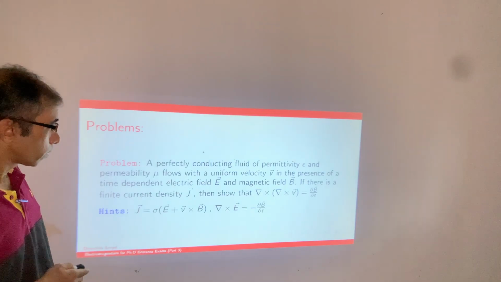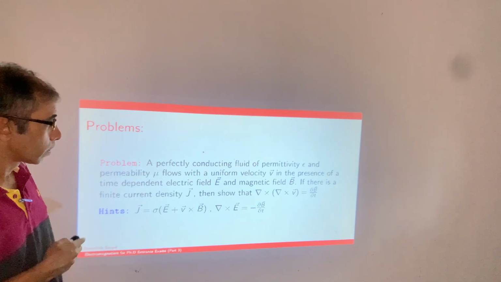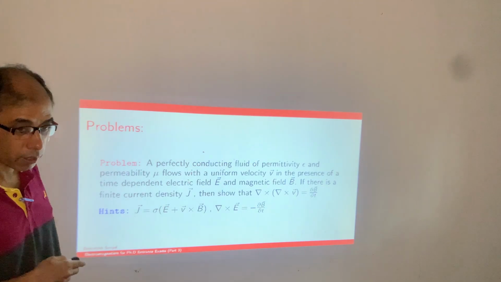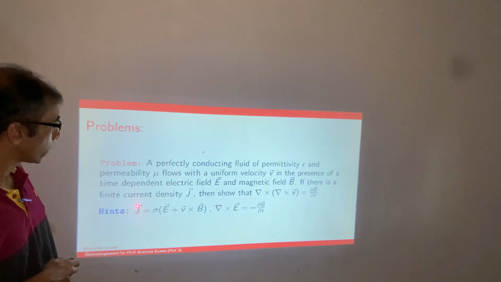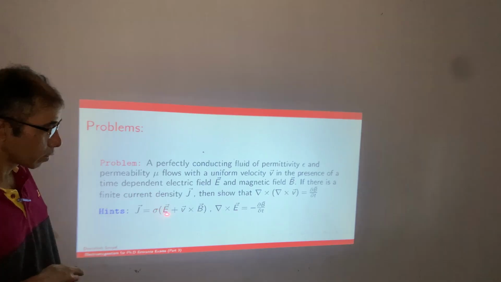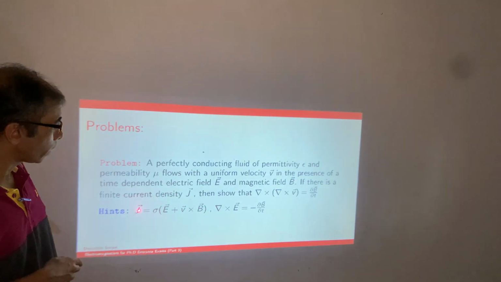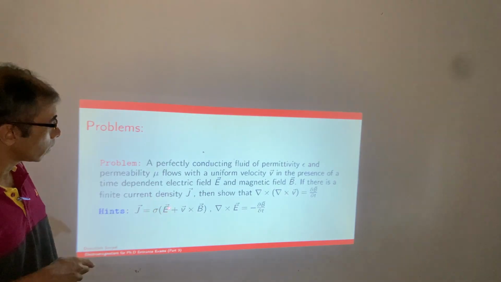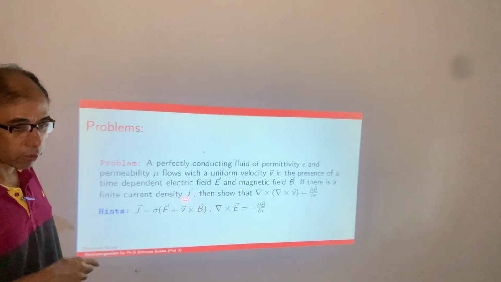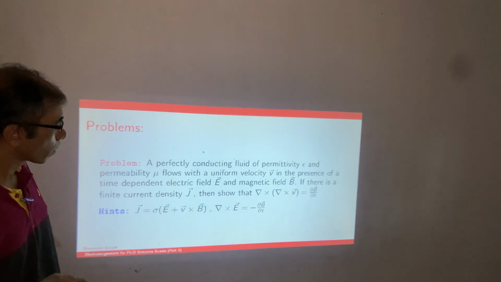So here, perfectly conducting means sigma, the conductivity, is infinite. And we know this relation, J is equal to sigma (E plus V cross B). Is it not? The current density is sigma times this. So this is due to the electric field, and this is due to the magnetic field. Right.